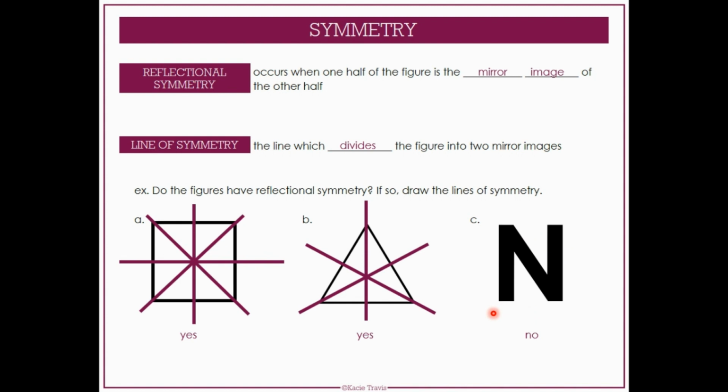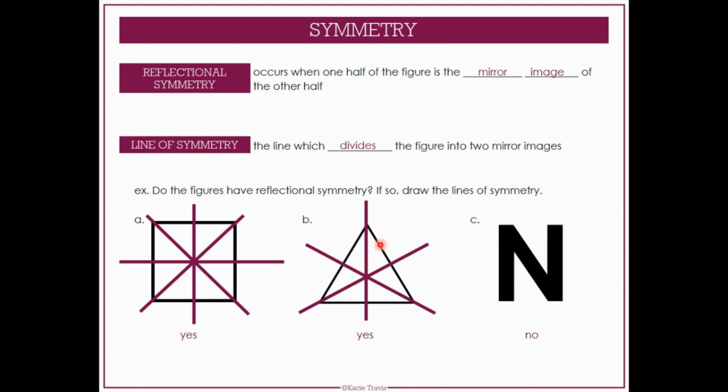One thing I want you to recognize when it comes to reflectional symmetry is that if a shape does have reflectional symmetry, the number of lines of symmetry is usually equal to the number of corners on the shape. We have a square over here. This has four corners and four lines of symmetry: one across both diagonals, one down the middle, and one down the middle horizontally.